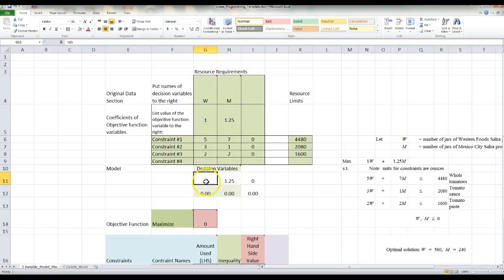You see here I had a problem with my spreadsheet. I want this variable name from this position to be placed here. So I'm going to type an equal sign, click on that cell, press enter, and that value will be brought down. That way, whenever I change this value here, for example, if I wanted to identify that as being Western, it would update the decision variable name down below.